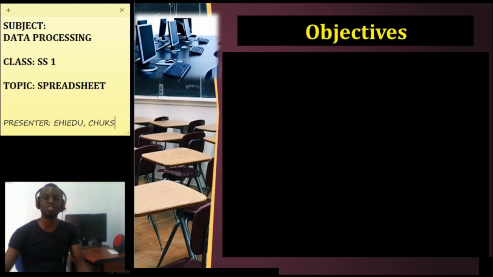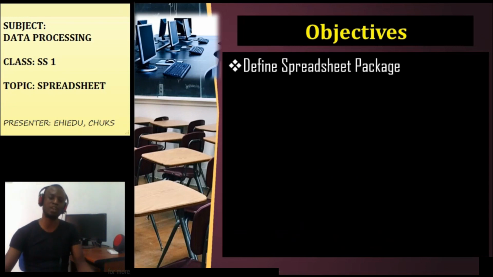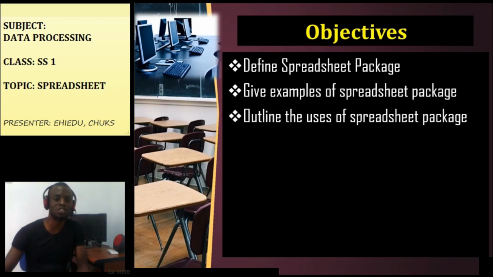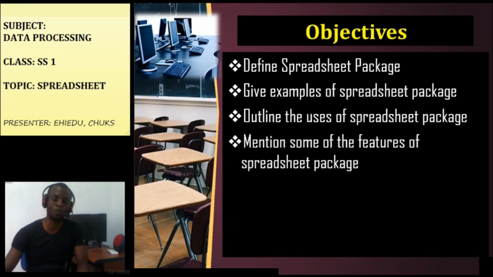Okay, what are the objectives of this class? What do we hope to achieve? What do we expect students to be able to know at the end of this class? The first one is that they should be able to define spreadsheet packages. They should be able to give us examples of spreadsheet package. They should be able to outline the uses, what spreadsheet packages are used for, and they should be able to mention some of the features of spreadsheet package.